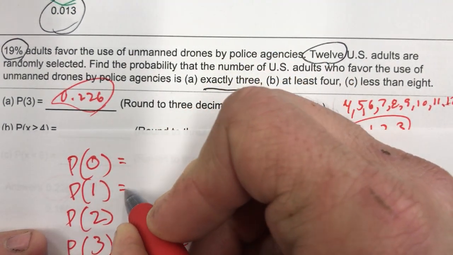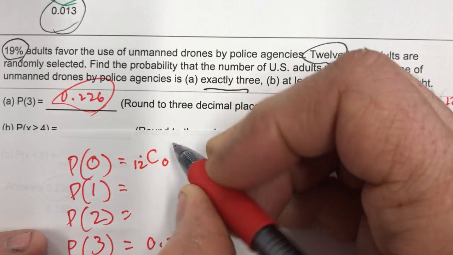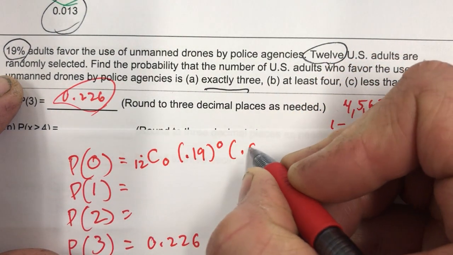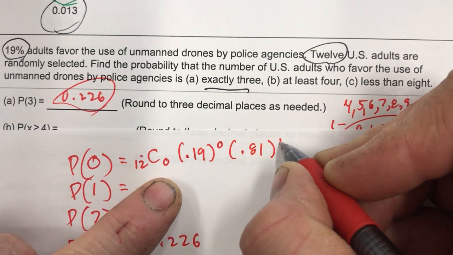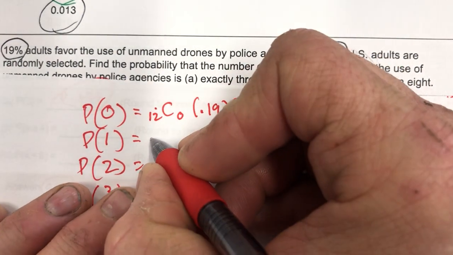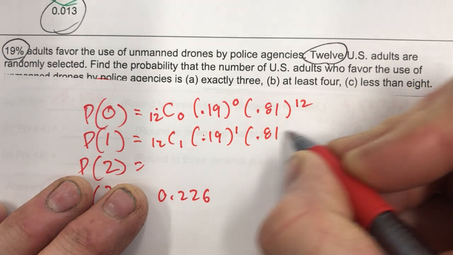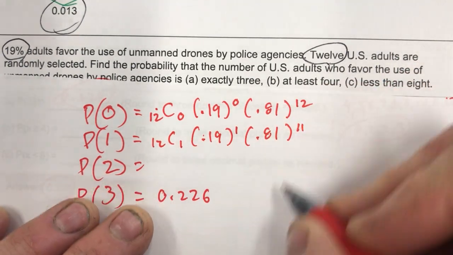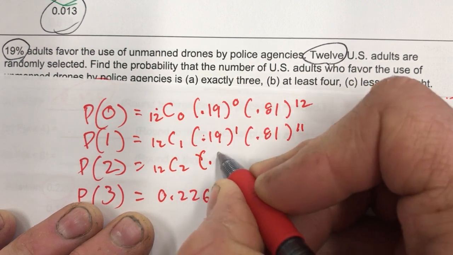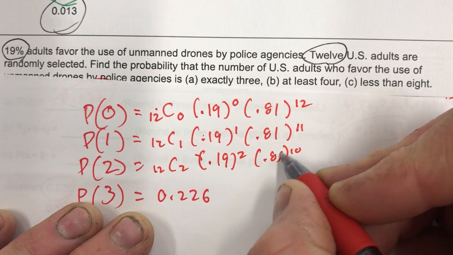So this one is going to be 12C0 of 0.19 to the 0, and then 0.81 to the 12 minus 0 is 12. Okay. Then right here I'm going to have 12C1, 0.19 to the 1 power, 0.81 to the 12 minus 1 is 11 power. And this is going to be 12C2, 0.19 to the 2, 0.81 to the 12 minus 2, which is 10.